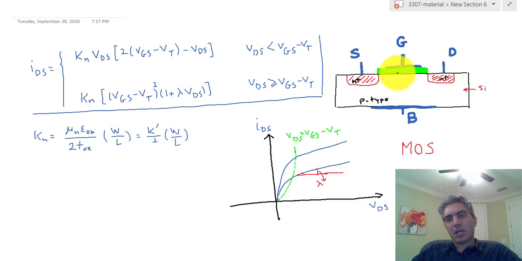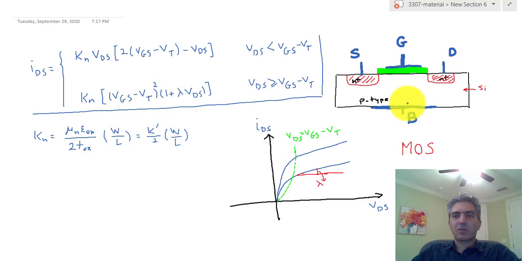Above the channel there is a dielectric, typically made of silicon dioxide, on top of which there is a layer of metal or a conductor. Therefore, if you look at this region of the device, you can identify a metal or conductor on top of a semiconductor, with an oxide layer in between, and hence the name metal oxide semiconductor transistor.